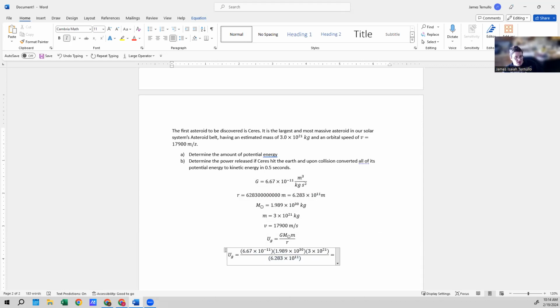All right, let me get out my calculator. Okay, so we have 6.67 e to the negative 11 times 1.989 e to the 30 times 3 e to the 21 divided by 6.283 e to the 11.